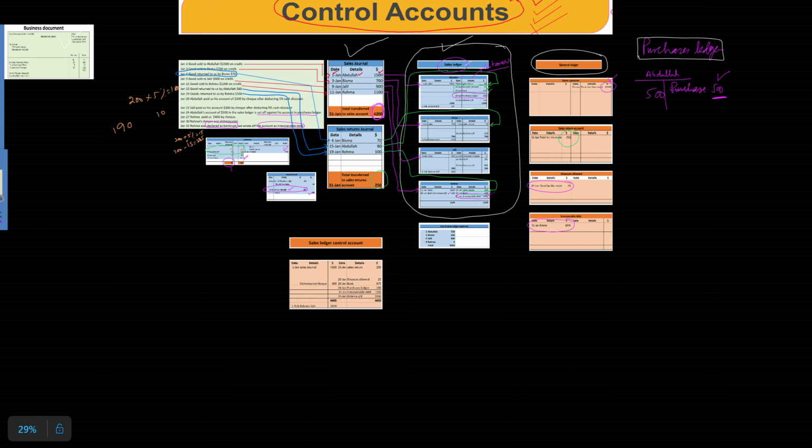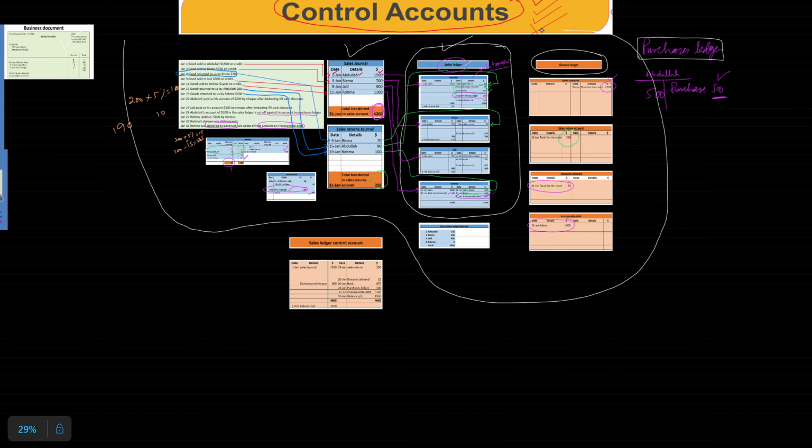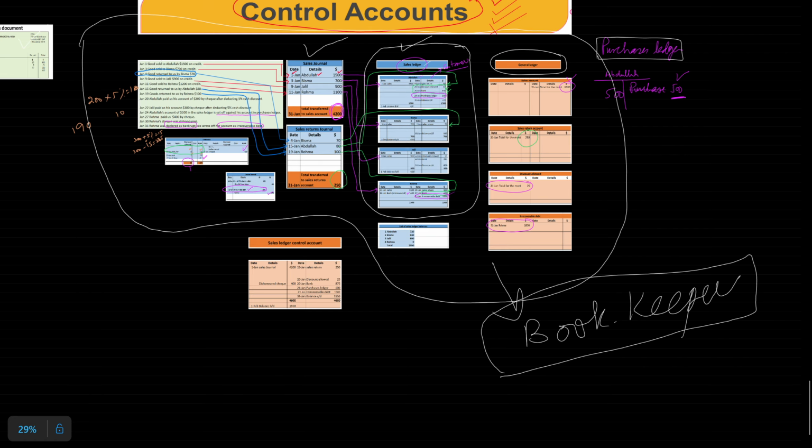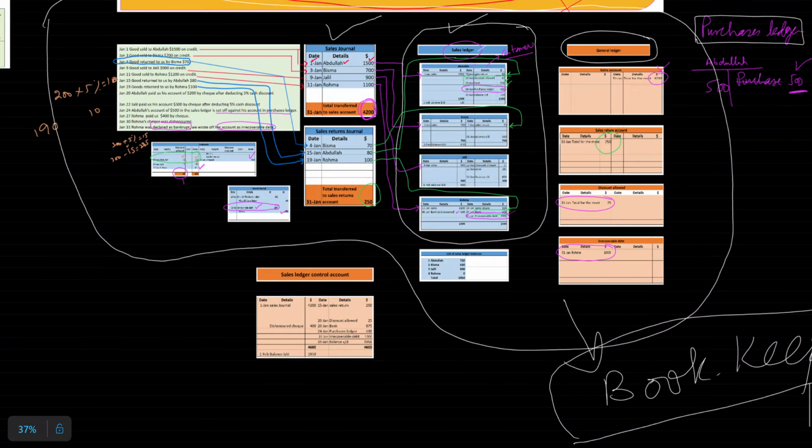Students, the bookkeeper has to record hundreds and thousands of transactions per month. There are chances of errors and that may lead to fraud if there is no proper internal check.